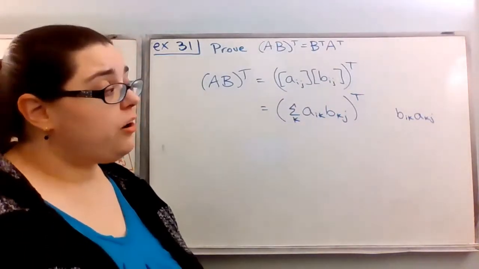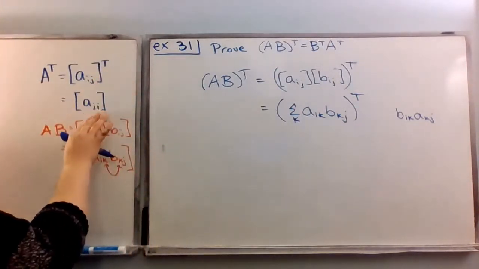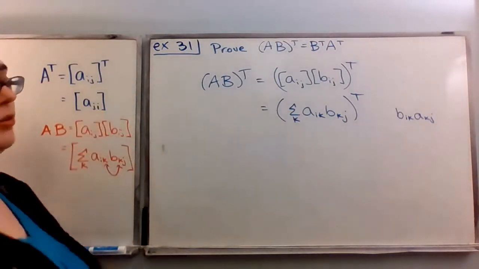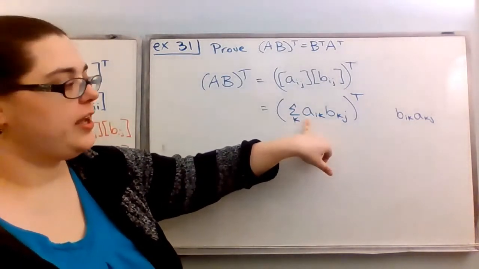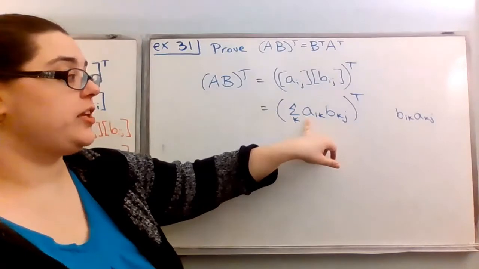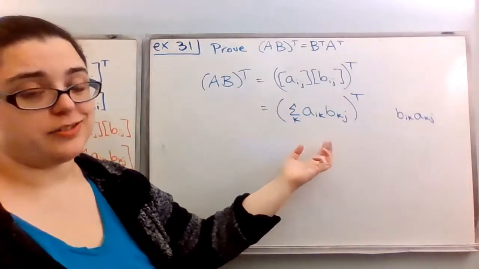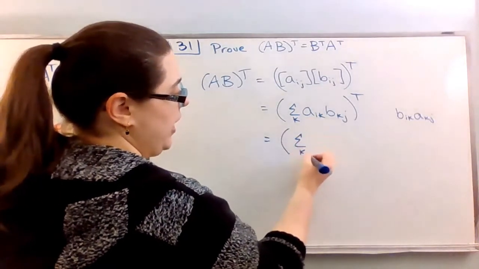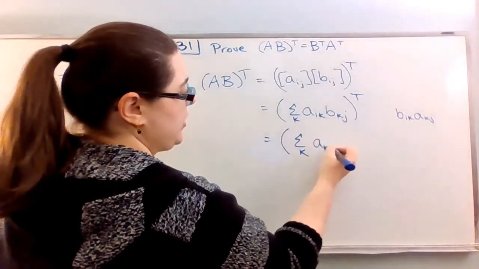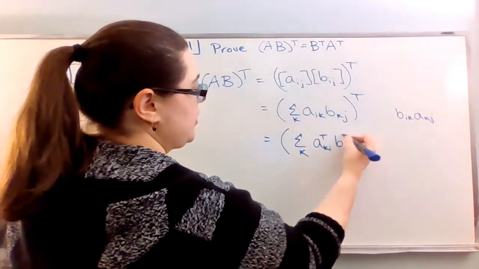So I know that transpose is going to switch the indices. So if instead of this being the ikth element of A, it were the element of A transpose, then that would switch those indices. So I'm going to rewrite this as the sum over K of Aki transpose and Bjk transpose.